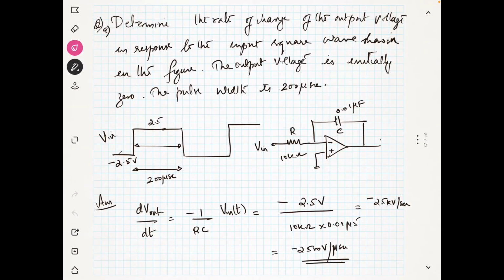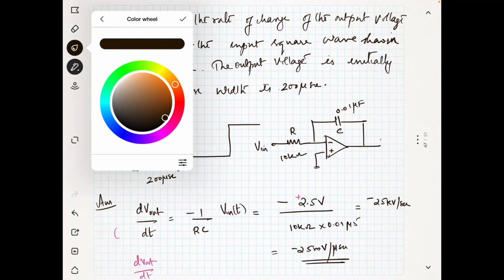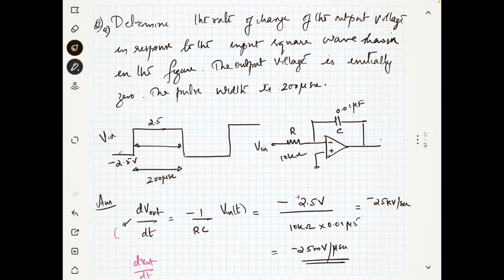Now in the last part of the question I didn't write anything about the negative input. When you give a positive input, this is plus 2.5, so dV out by dt is for plus 2.5 as the input.